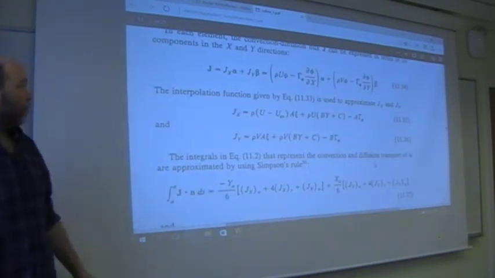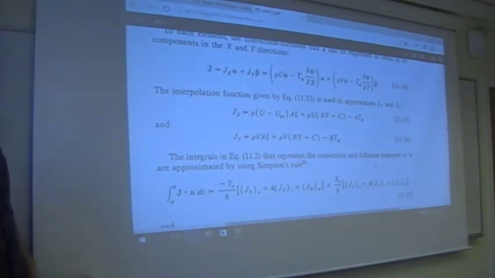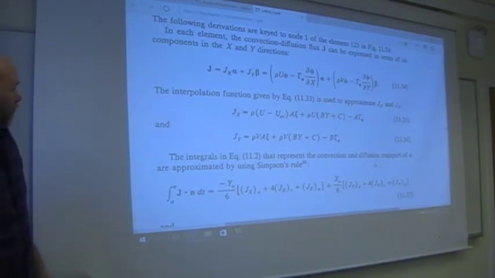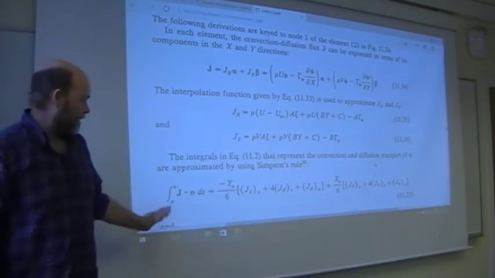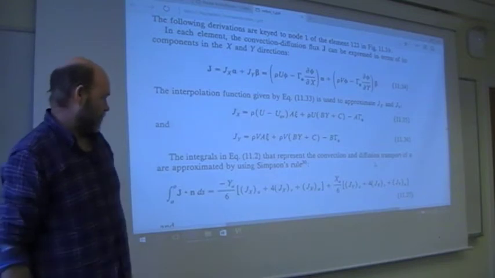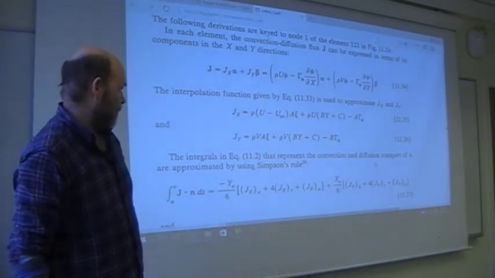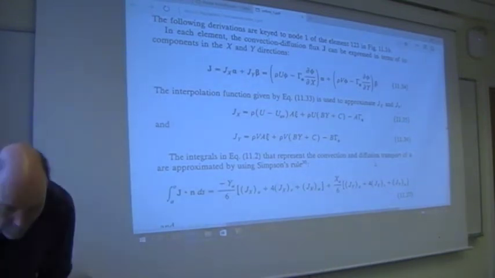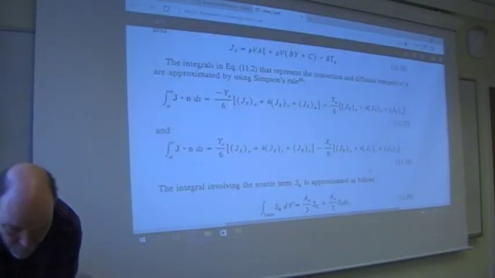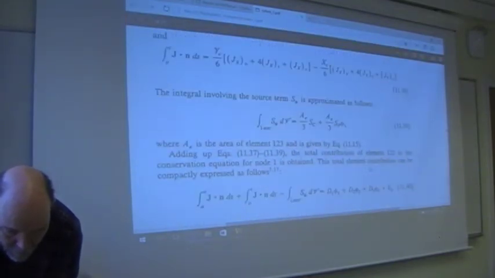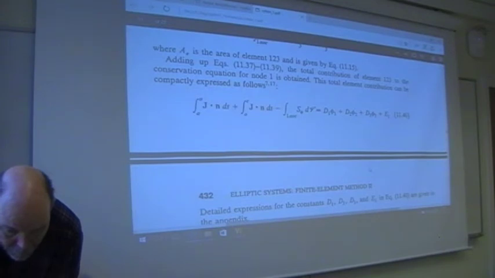And you will end up with the same system here. You will have in the end some coefficients that should not depend on the solution. That's the whole point here. Let's see how they end up.